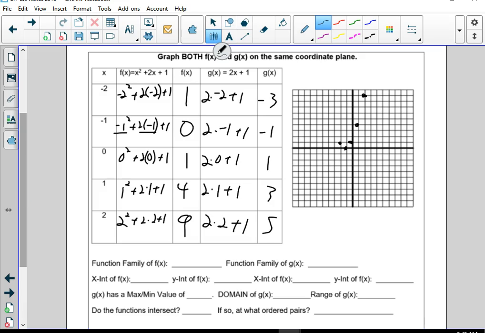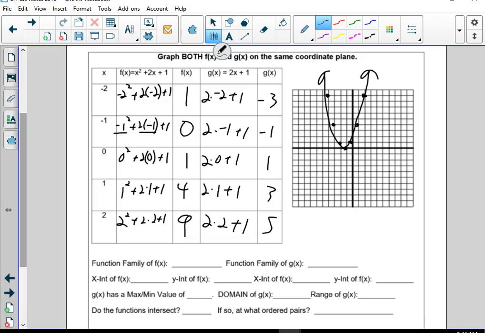Knowing what we know, what's negative 3 going to be? 4, right? And what's negative 5 going to be? 9, right? You got that mirror image going on? Even though they're reading calculated, these are going to match each other. So now we draw our parabola, best we can. Try to make it as round as possible.